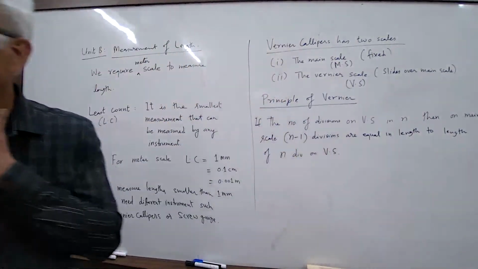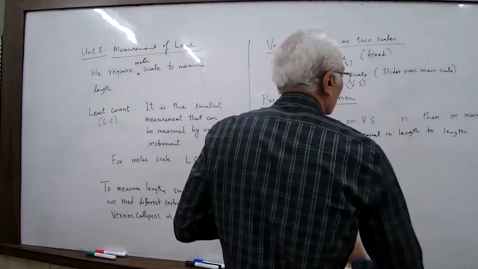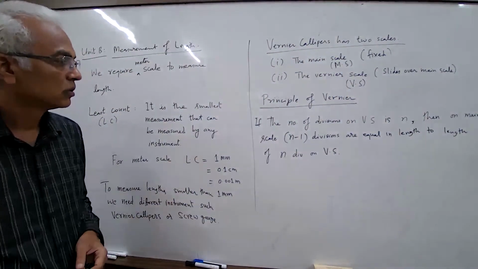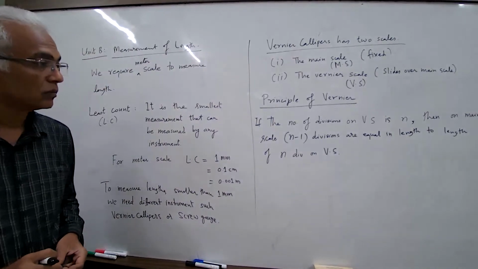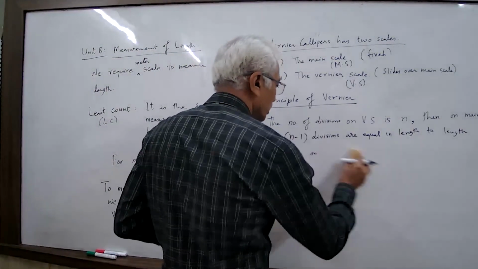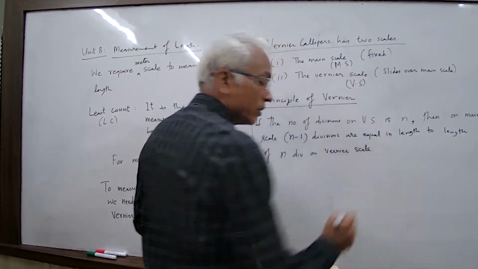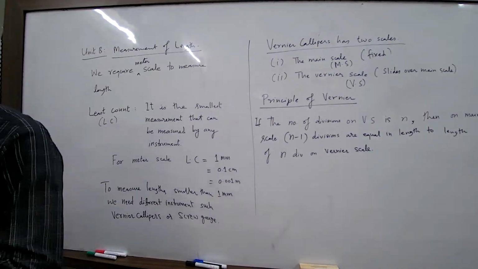This is the principle. So, पूरा ही लिखते हैं vernier scale. Is the principle clear? ठीक है? So the small scale is the vernier scale.